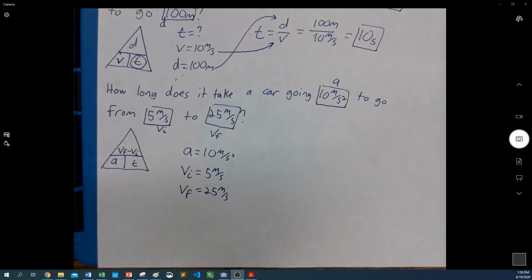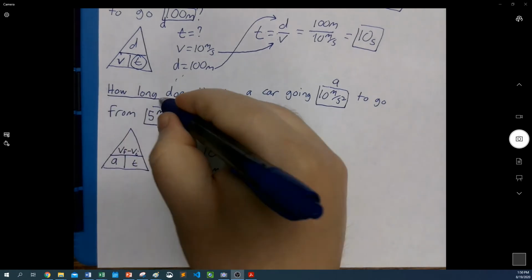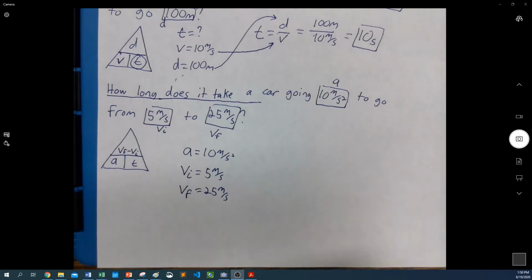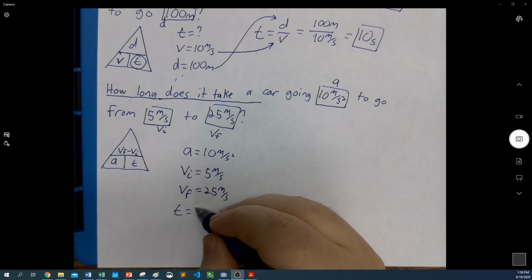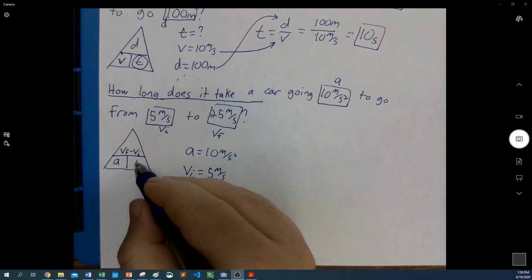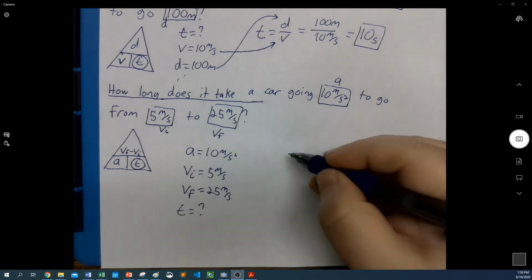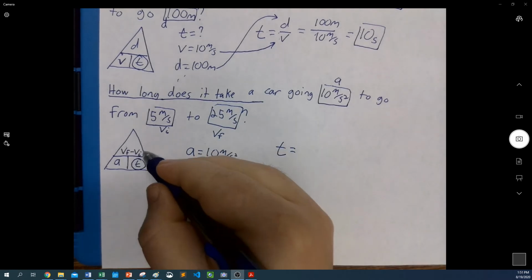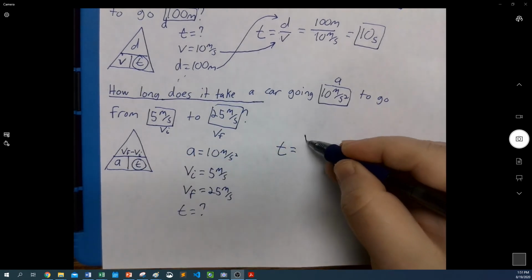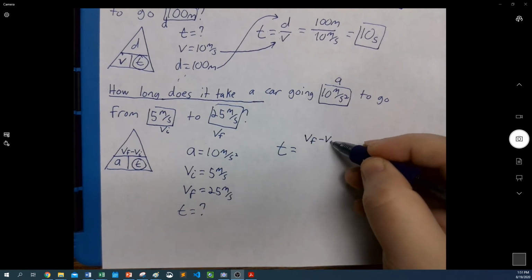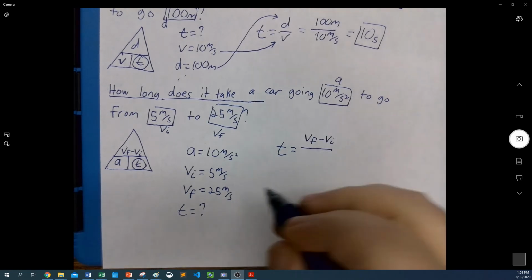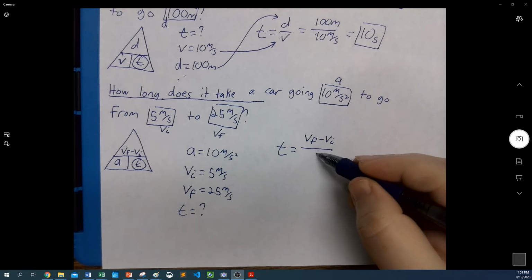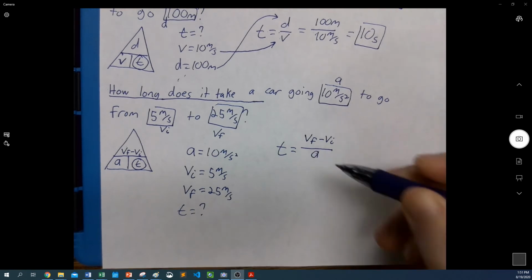And we're trying to figure out time. So circling time is going to be equal to the change in velocity over acceleration.